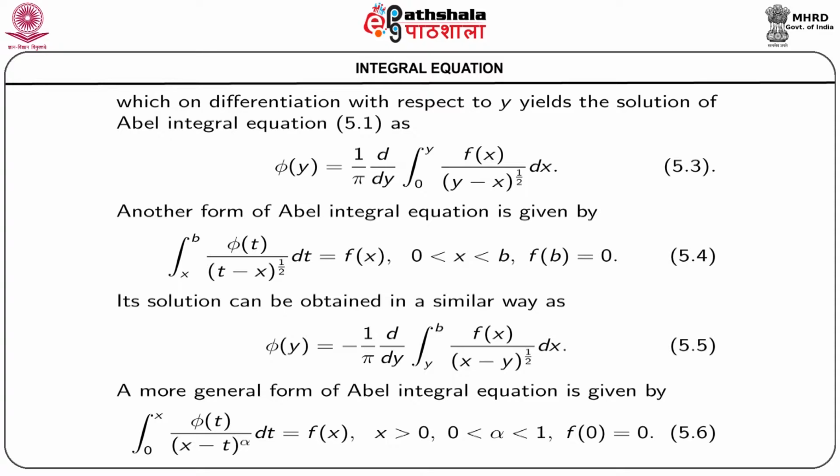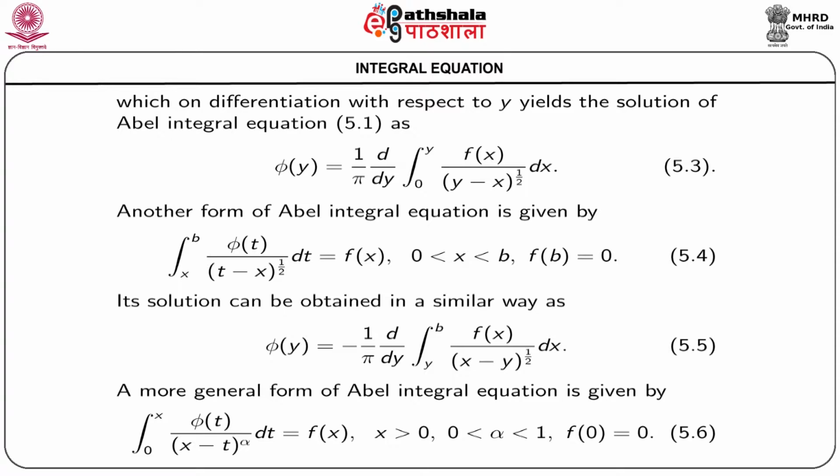Here, the kernel of the integral equation is x minus t to the power alpha, which is in the denominator of the right hand side of equation 5.6, and this alpha lies in the interval 0 to 1. Here of course f0 is equal to 0.